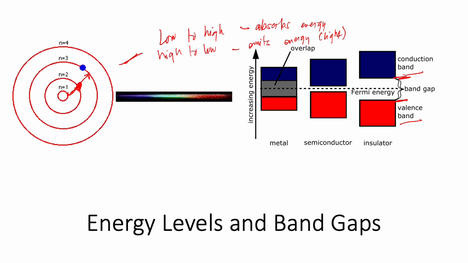So we have two bands here, the valence and the conduction band. The valence band is where the electrons are normally bound. The conduction band is where the electrons can move freely, and the size of the gap between them is called the band gap.